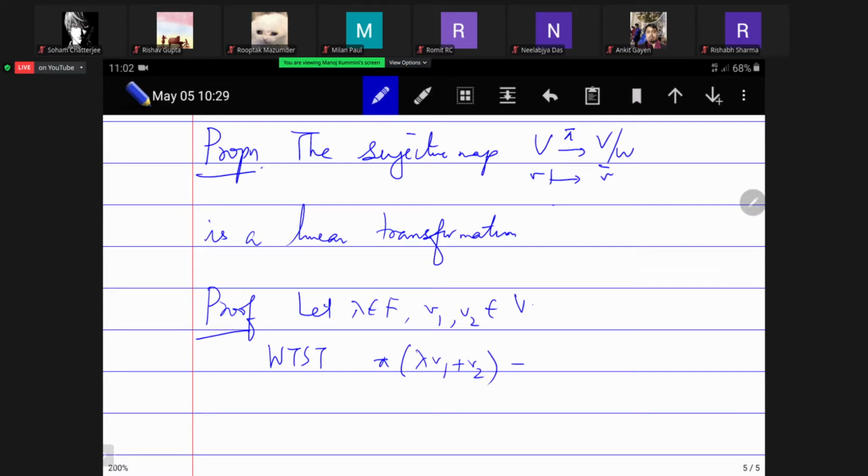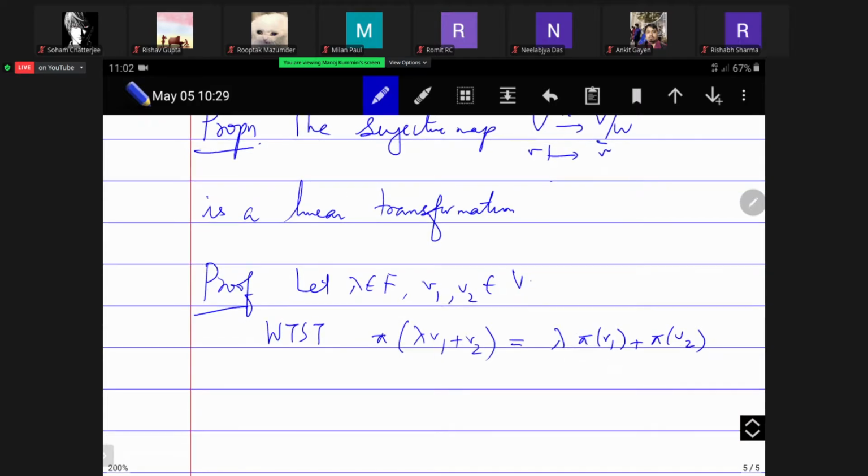So this is equal to lambda times pi of V1 plus pi of V2. This is what we need to check. If you check this for a map pi of vector spaces, then that means it is a linear transformation.